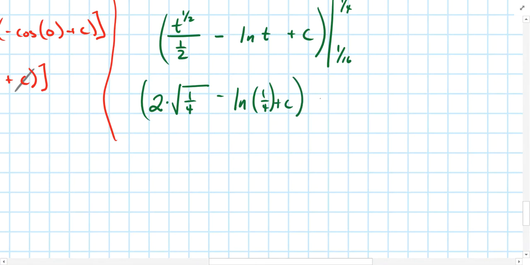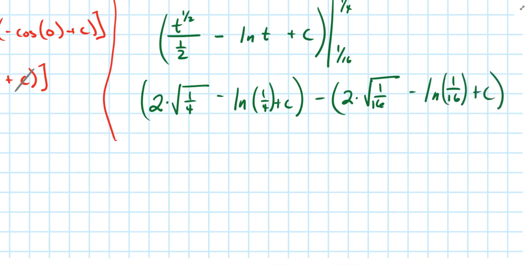So that's our first expression. From that we'll subtract the 2 times the square root of a 16th minus the natural log of a 16th plus c. Again, in the process of subtraction, the c values will cancel.